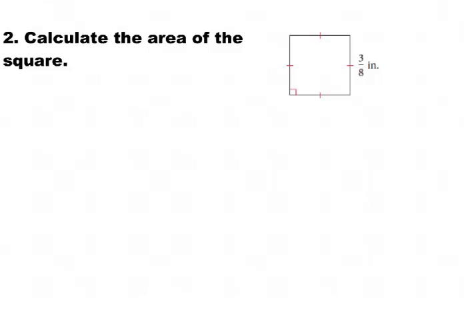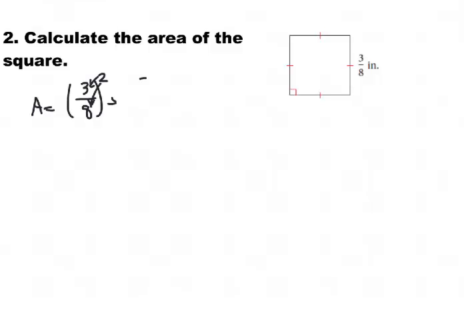The next question says calculate the area of the square with one side equal to 3/8 of an inch. By definition, the area of a square is just one side squared. So 3 over 8 squared. I distribute the exponent inside.